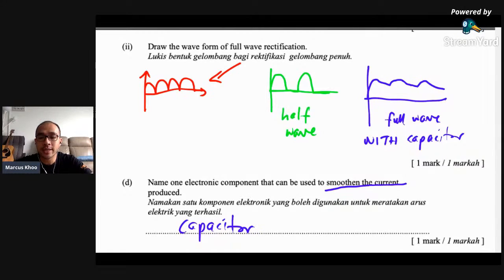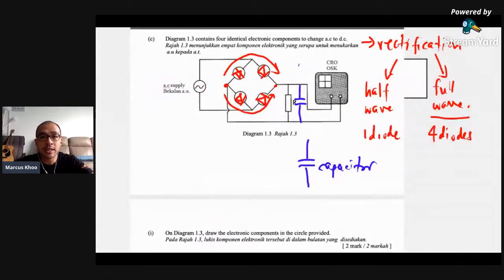If I'm a question setter, it's a problem for me because I cannot really ask that much. This is all I can ask about full wave rectification. That's as much as I can change. I can maybe add a capacitor, or change to full wave, but there's nothing much to rectification. That's why you should remember this, because there is very little for you to remember.